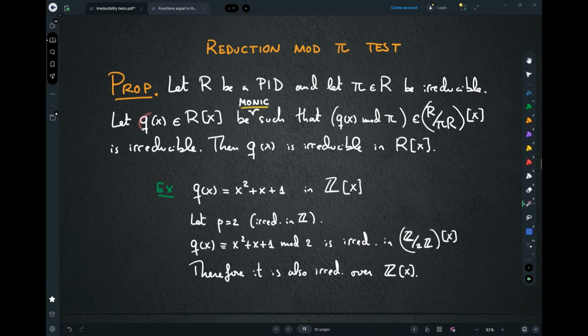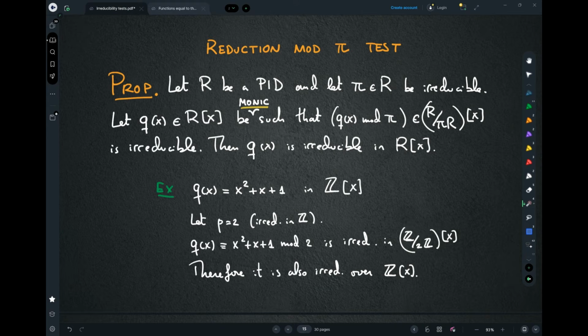So suppose q is a monic polynomial such that when I consider it in the quotient R modulo pi, remember we talked about this, when pi is irreducible, this is going to be a field. So when we reduce it and work with this polynomial modulo pi, now with coefficients in a field, suppose that that reduction is irreducible, then q itself is irreducible also over the ring.